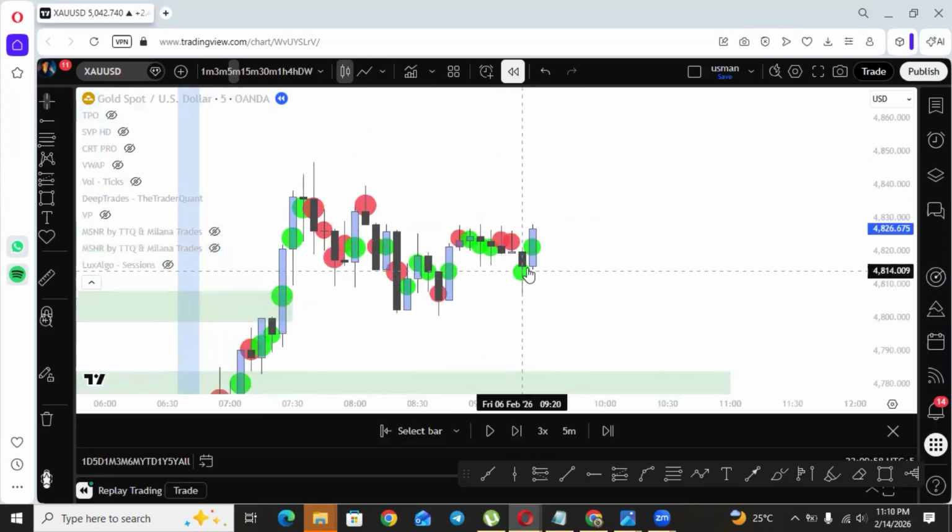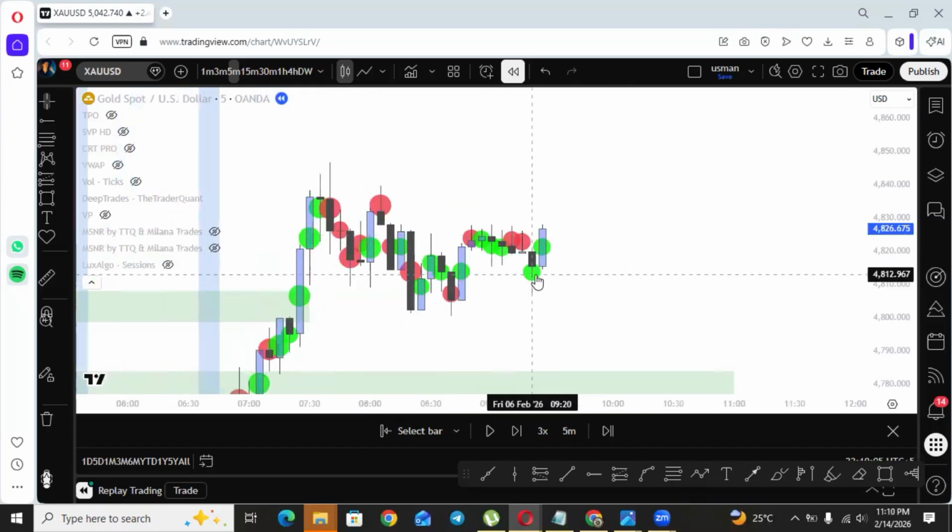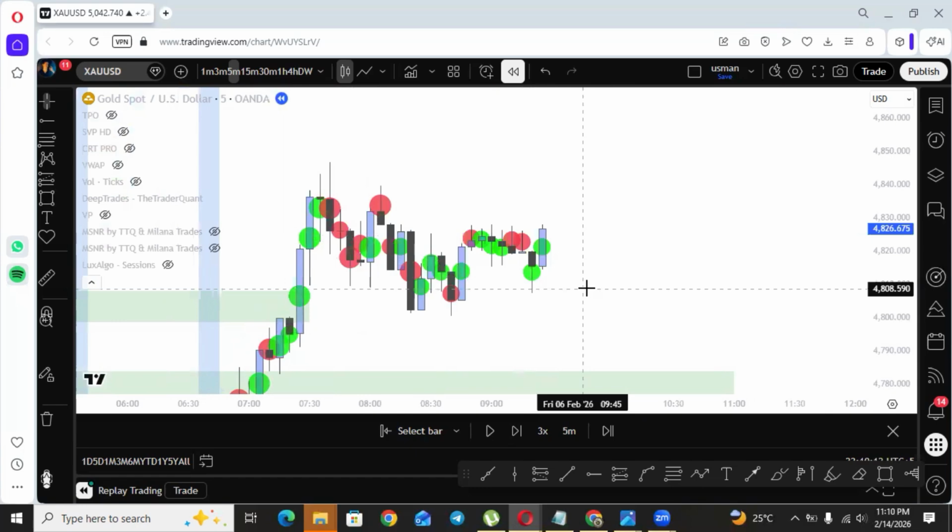Okay, again, buyers showed their aggression in this sell candle, which is representing an exhaustion of sellers. Buyers try to show follow through to that aggression, and then the market may go up because this is a kind of absorption.